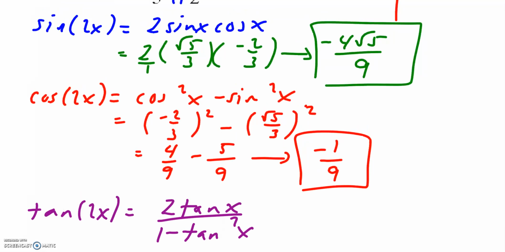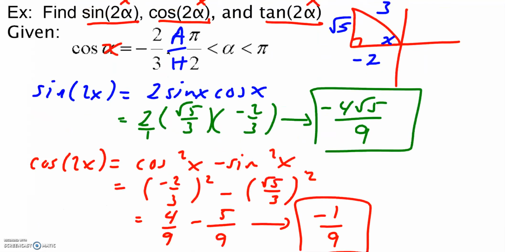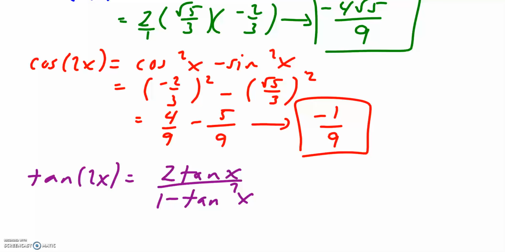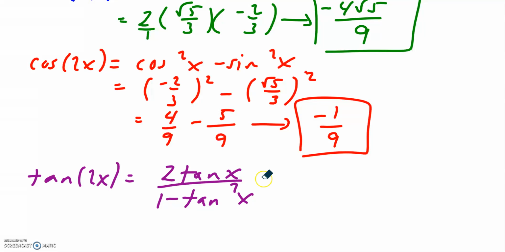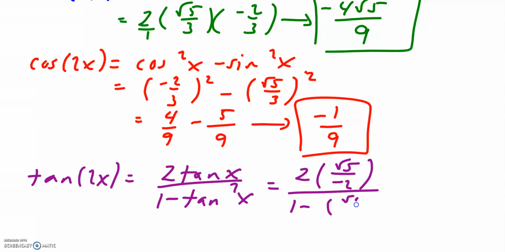If I look at my triangle, I know what the tangent ratio is. Tangent is going to be root 5 over negative 2. So if I come down here, this is the same as 2 times root 5 over negative 2 over 1 minus the tangent ratio root 5 over negative 2 squared.